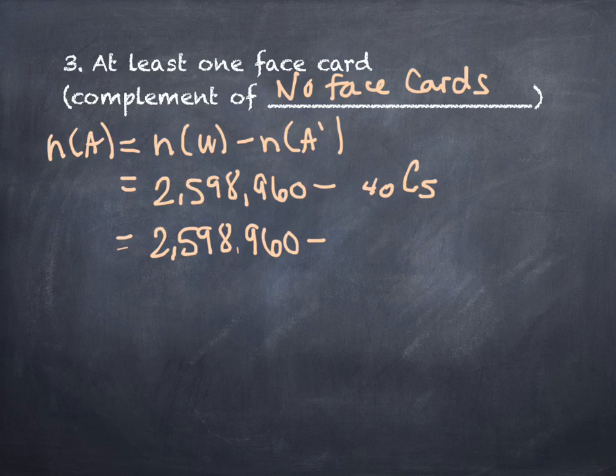All right, so how do I get 40C5? What is that going to look like? Okay, so first 40 factorial, right? Yes, over 5 factorial, 35 factorial. So how far out am I going to write this 40? To 35.